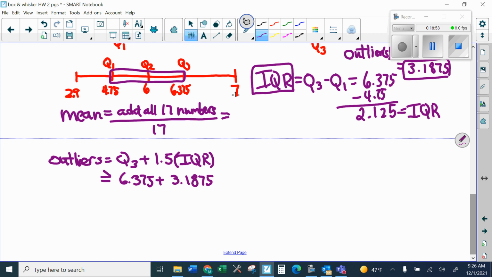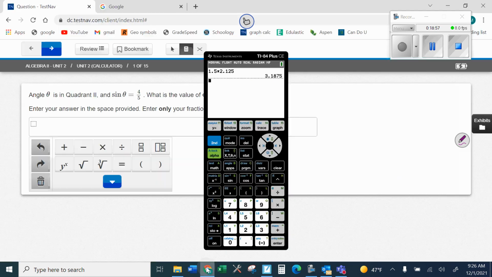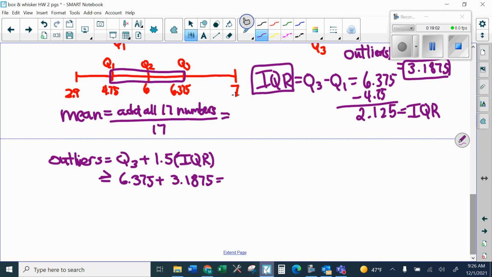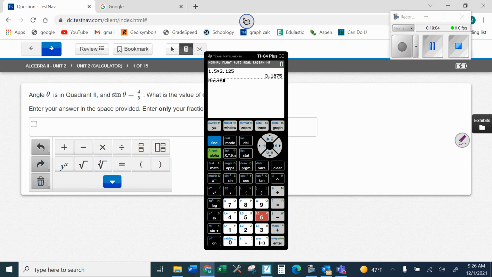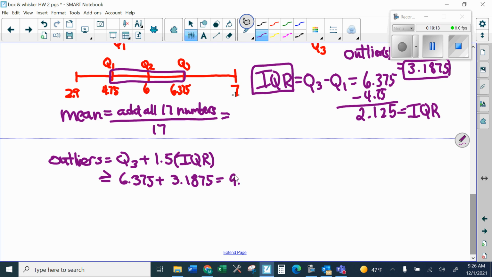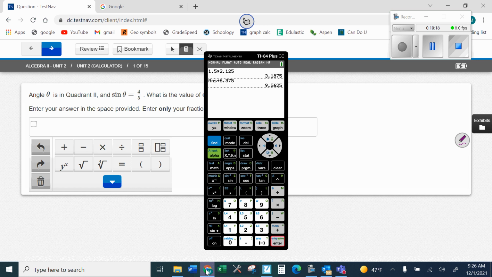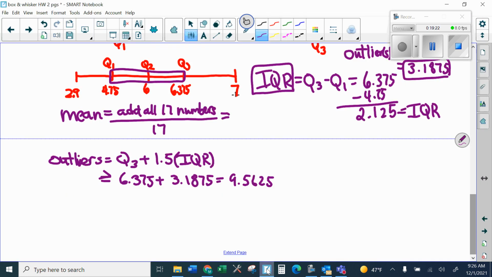Anything greater than or equal to that. Okay, so that's 9.5625. And did we have any numbers higher than that? No, we didn't. The highest number was 7.